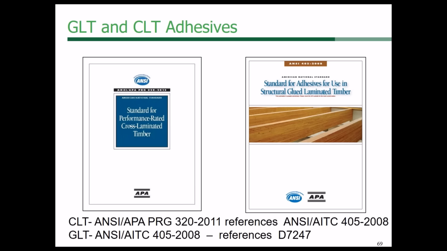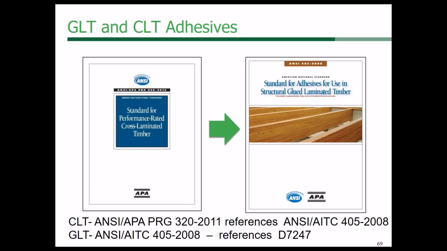The one that is adopted in the current code, the 2015 IBC, is the 2011 manufacturing specification. And within that specification for the adhesives, it references the adhesives that are used for glue laminated timber.